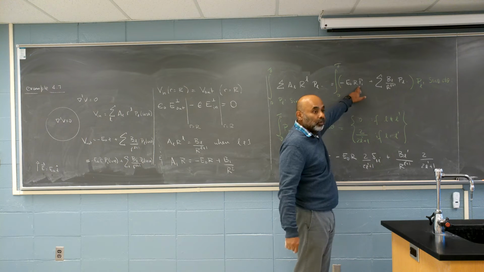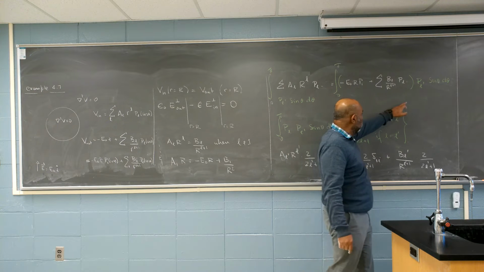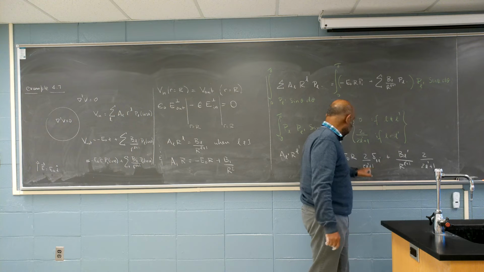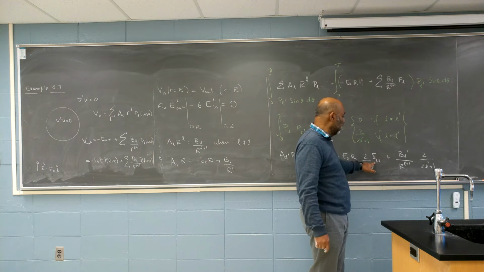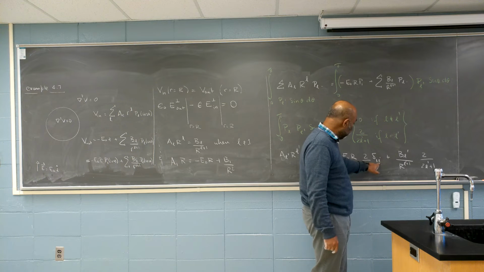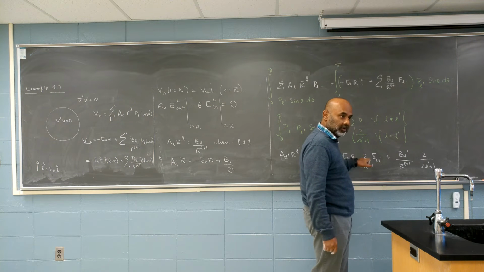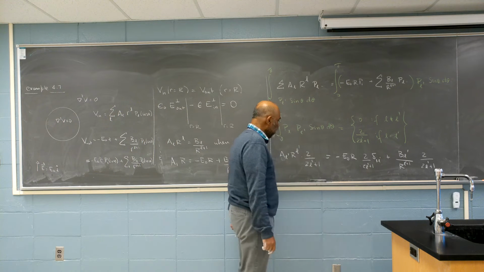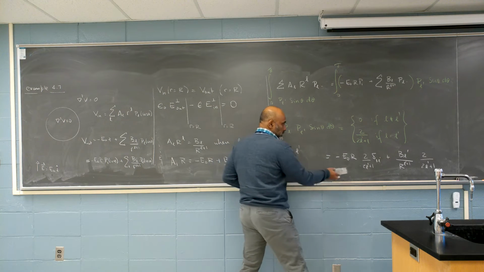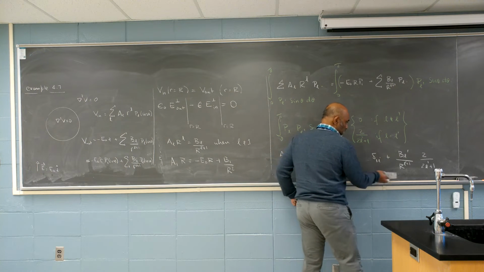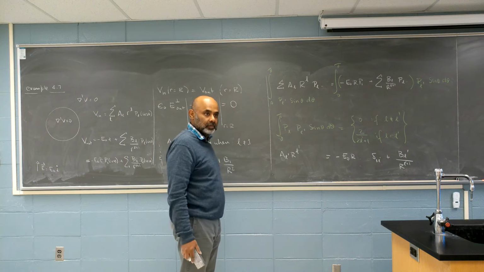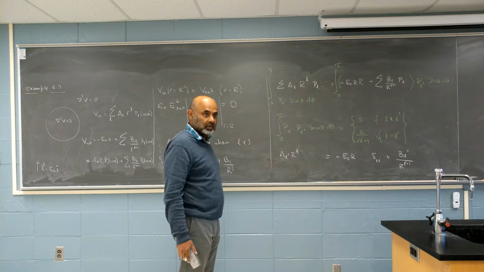Correct? Because it's only P1. If I pick L to be 17, I get 0 here. If I pick L prime to be 0, I get 0. If I pick L prime to be 3, I get 0. But if I pick L prime to be 1, I don't get 0. Yeah? Well, naturally, I can get rid of this. It's the same thing. Correct?